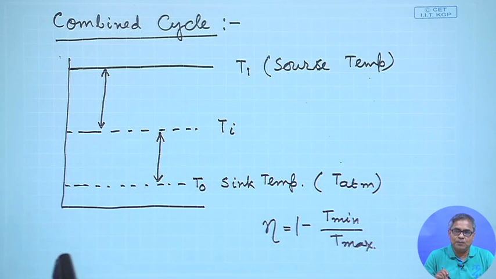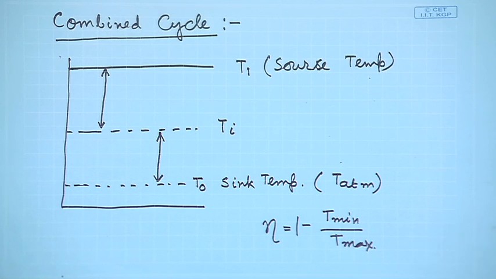So, the concept of a bottoming cycle is nothing but a principle of waste heat recovery, and the best way of waste heat recovery, because by this we are producing a certain amount of work.